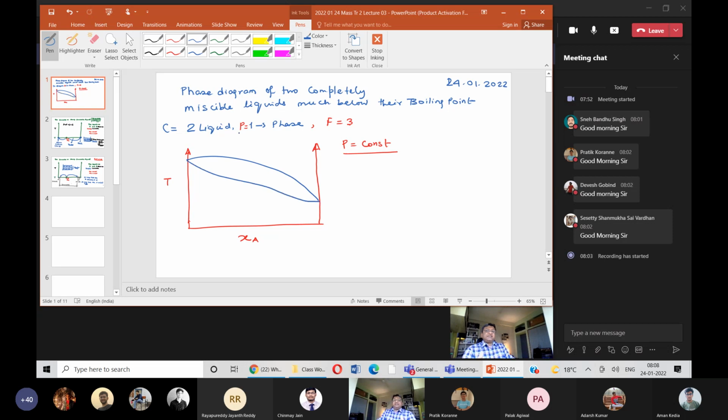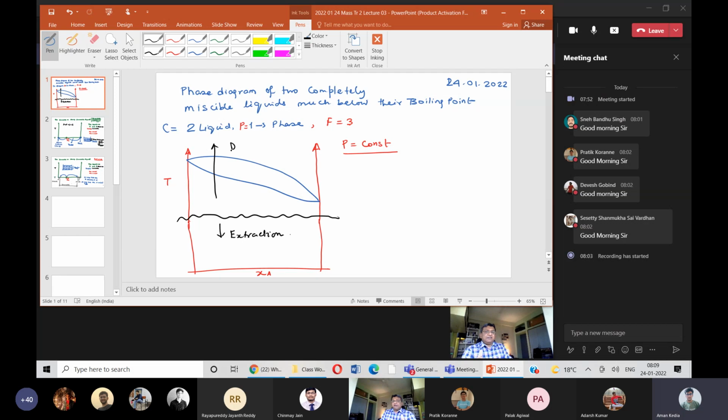So we need to understand that essentially for extraction, we need to concentrate on this part of the phase diagram. And for distillation, we need to concentrate on this part of the phase diagram.